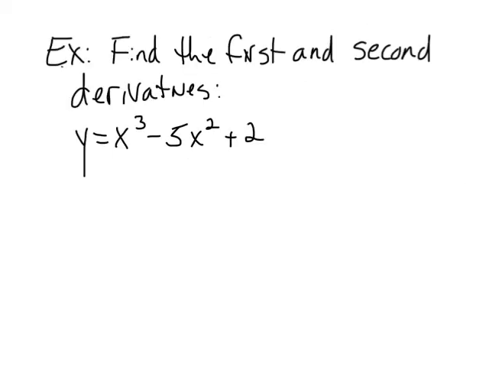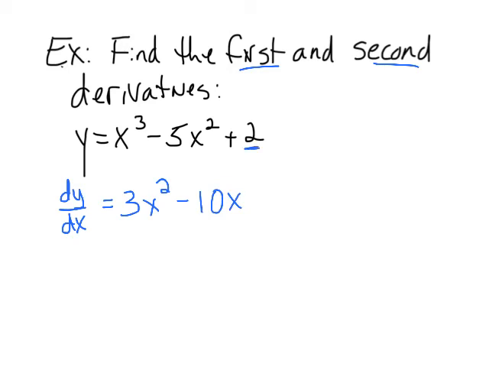So to finish this, and then we'll work more examples in class, if I want to find the first and second derivatives of y equals x cubed minus 5x squared plus 2, my first derivative would be dy dx, and that's going to be 3x squared minus 10x.